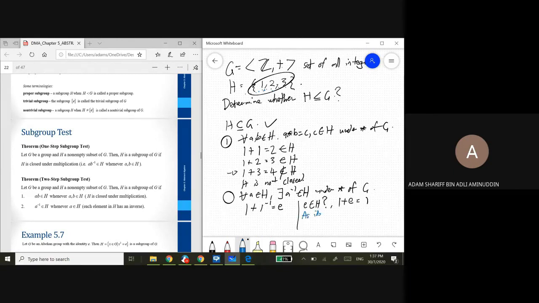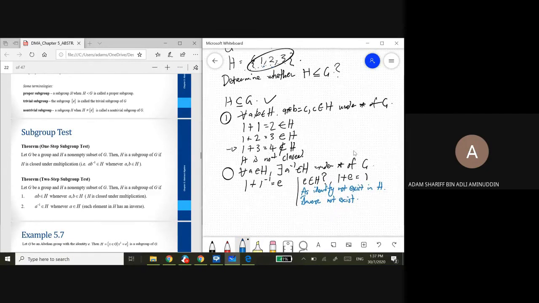As identity does not exist in H, inverse also does not exist. Based on these two arguments alone, I can say that for this case H is 1, 2, 3, a finite set, H is still not a subgroup of G. Is there addition of integer? There isn't.